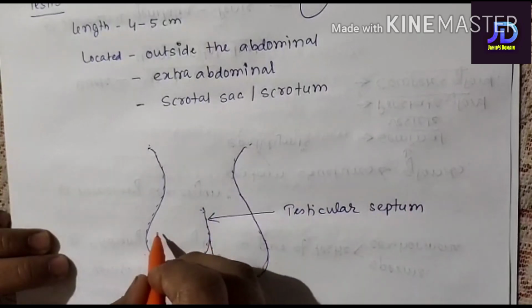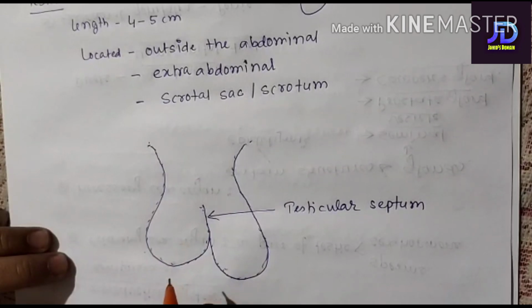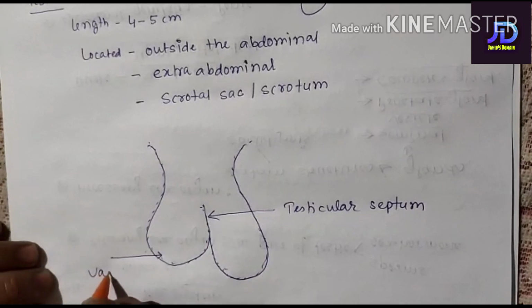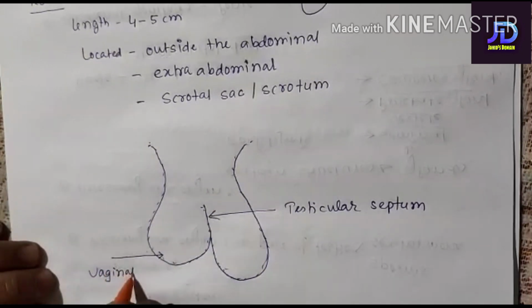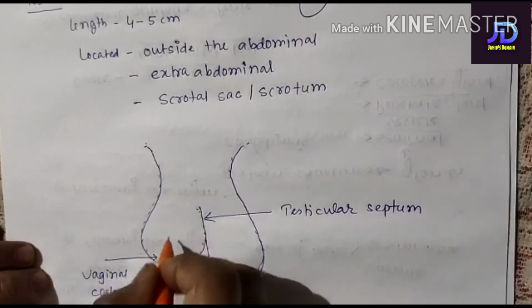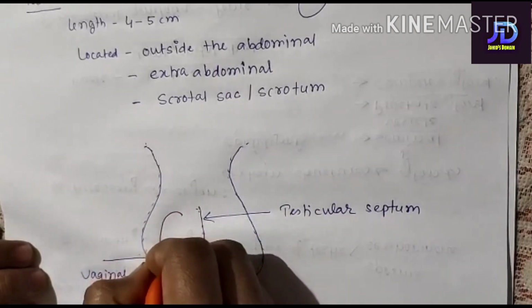The cavity of the scrotum is known as the vaginal coelom, and inside this cavity, the testes are located.